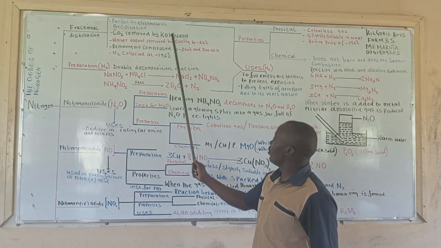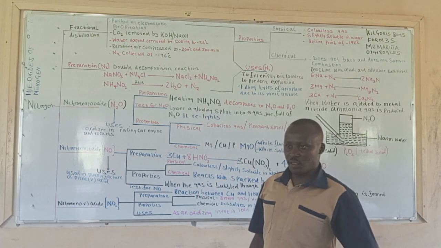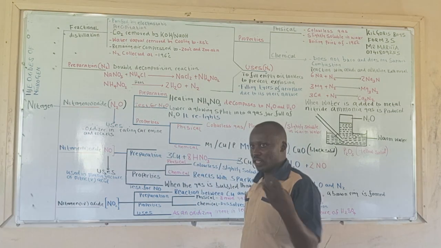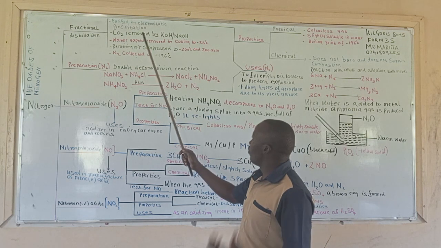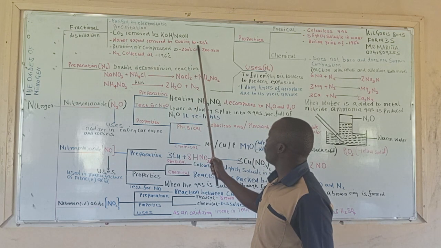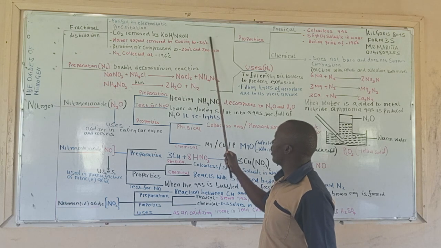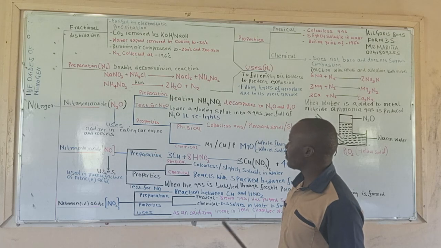The purpose of sodium hydroxide or potassium hydroxide solution is to absorb the carbon dioxide from air. Then we have water vapor, which is also a component of air. Water vapor is removed by cooling to negative 25 degrees. So when you cool the air to negative 25, water vapor is removed.